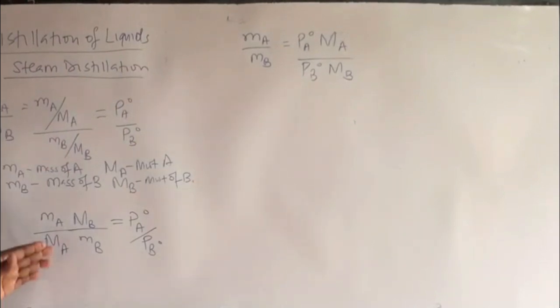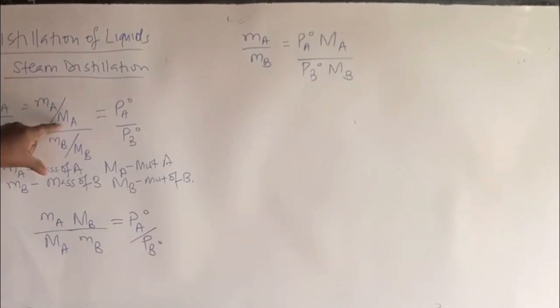So we are seeing that we have gotten the mole fractions. Mole fraction of A is mass of A divided by its molecular weight.